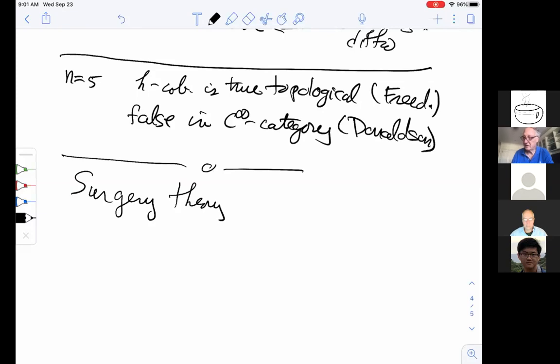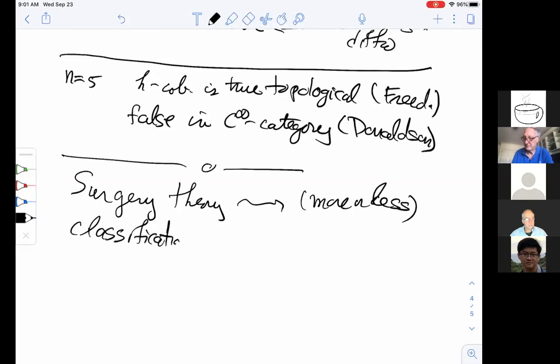And it led to more or less, I won't be precise, a classification of manifolds of higher dimension, of dimension greater than or equal to 5. It's not actually a classification because you give things like the homotopy type of the manifold, and its homology has to satisfy conditions, but these are simply connected manifolds.